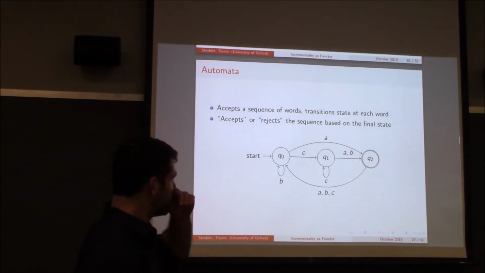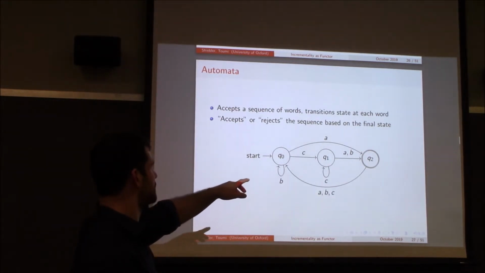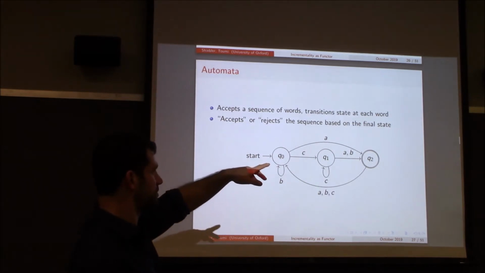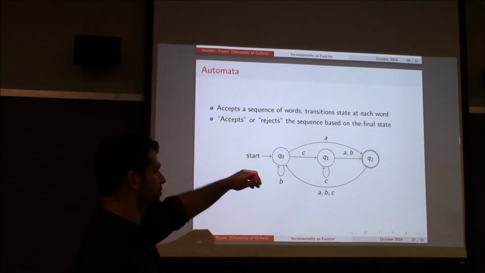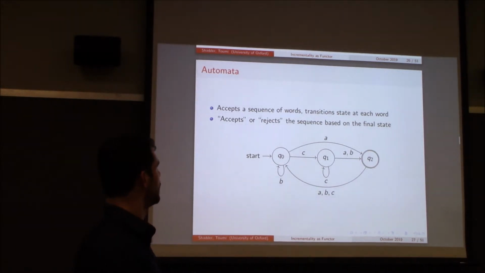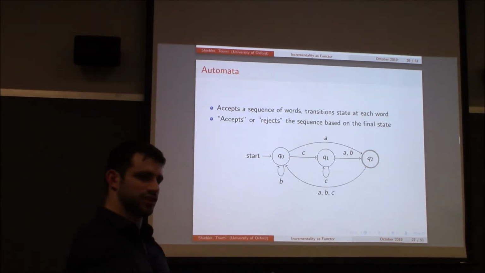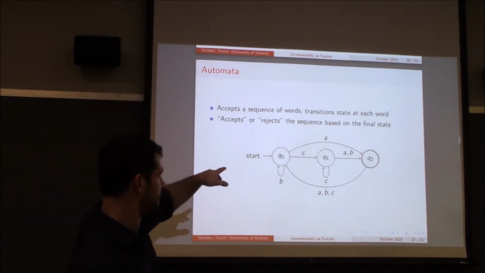This is a very basic automaton that accepts a sequence of words. We can think of it as a set of states and transitions, and each time we see a word, we transition our state. We begin at Q0.